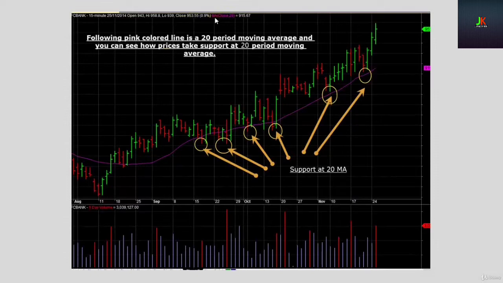MA stands for simple moving average. If you are plotting an exponential moving average, it will be plotted as EMA. Similarly, a displaced moving average will be plotted as DMA. No matter what the name, the interpretation is almost similar.